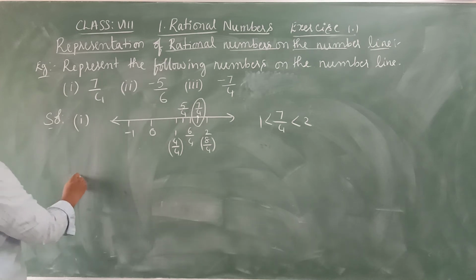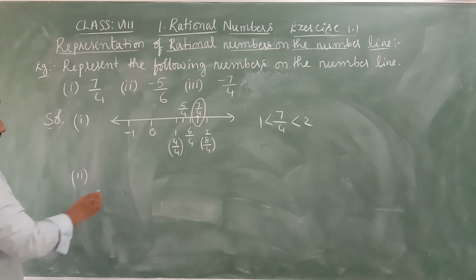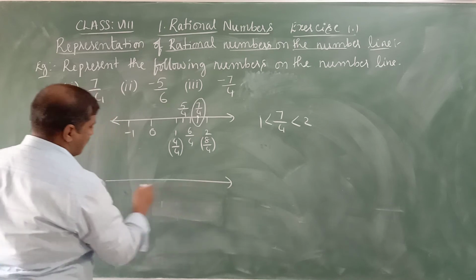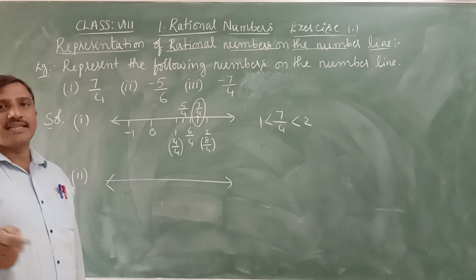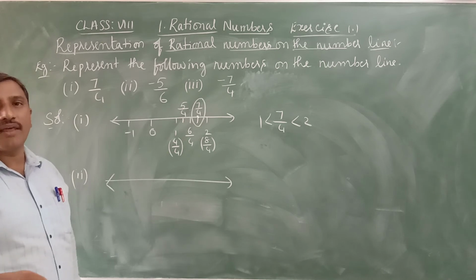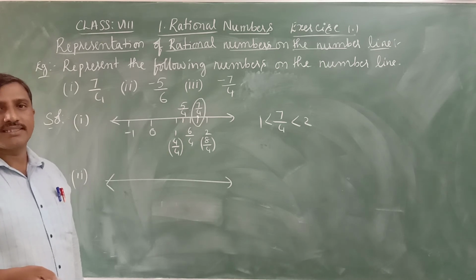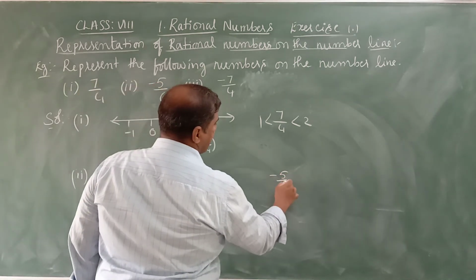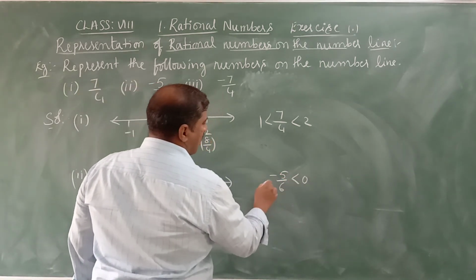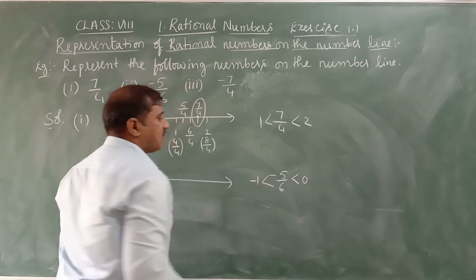Next, the second one, here we have minus 5 by 6. You have to find that minus 5 by 6 is less than 0 and more than minus 1.